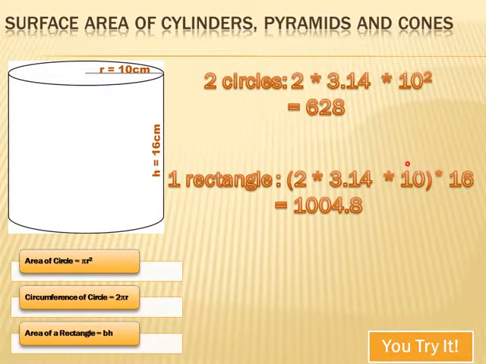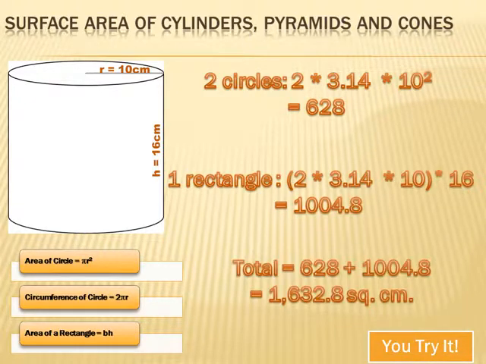So if I multiply 2 pi r times 16, I'll come up with the area of the lateral face, or 1004.8. Now all I got to do is add those two numbers together, and I get the surface area of the entire shape, 1632.8 square centimeters.